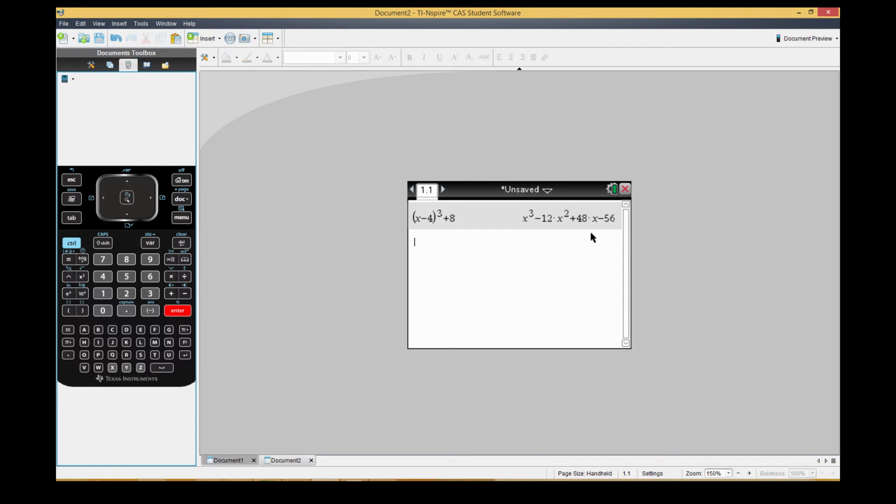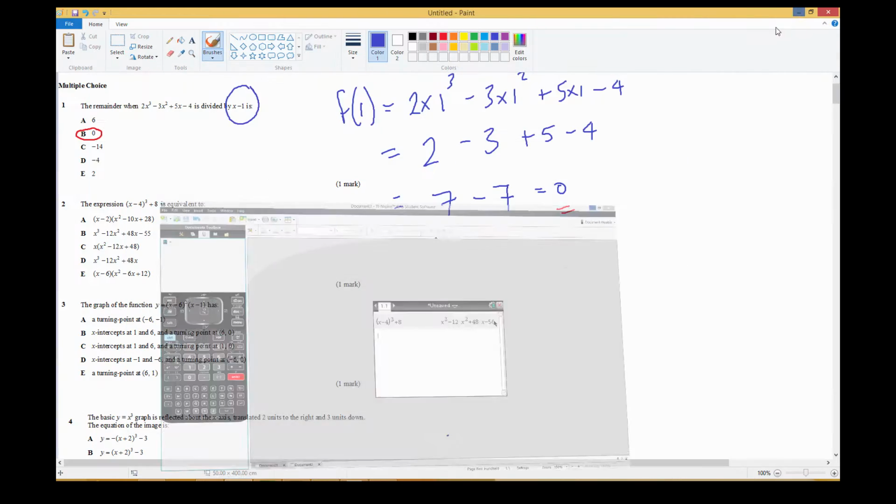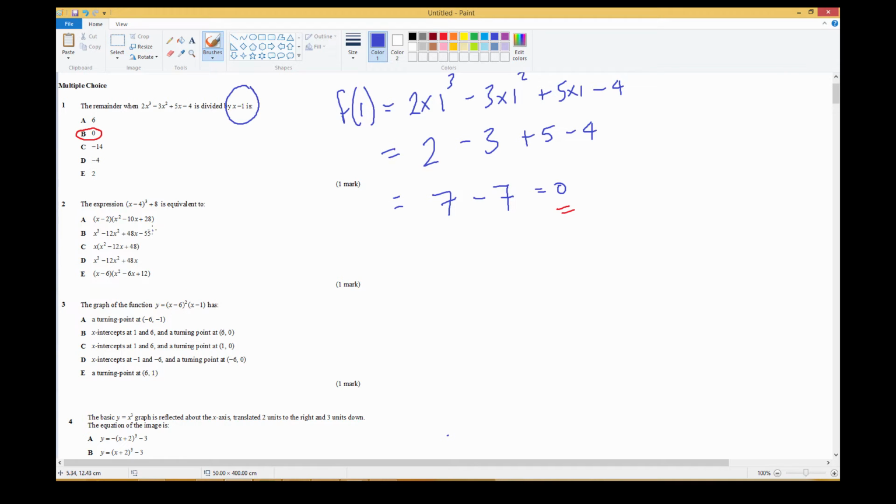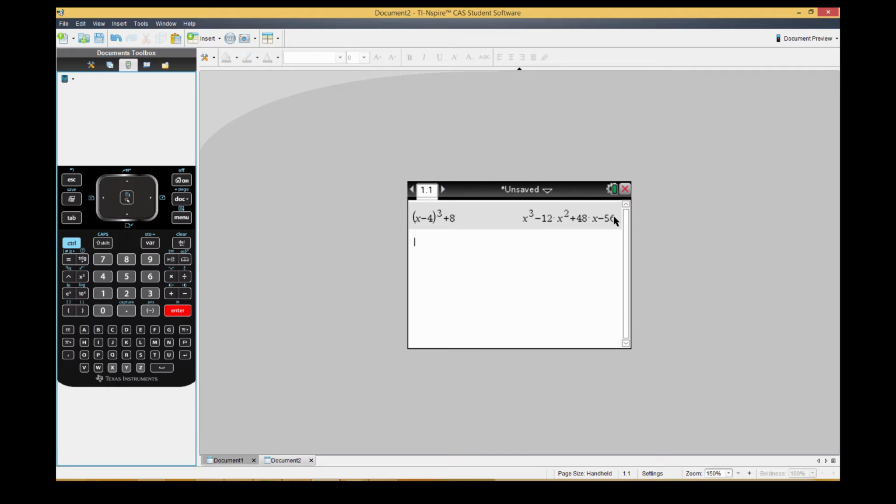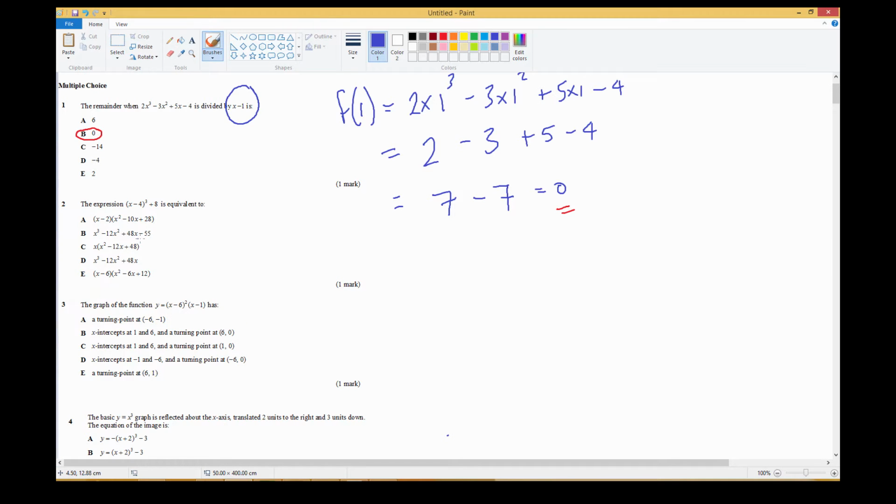Okay, that's what we get, and we can see that it is close to response B, but not exactly, because this is a minus 55, and here we have a minus 56.